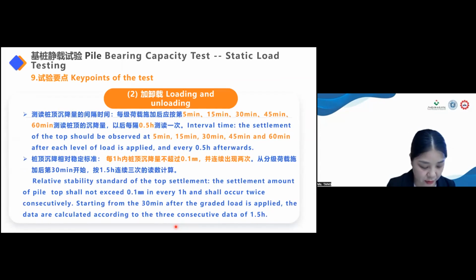After each grade of load is applied, the settlement of the pile top should be measured at 5 minutes, 15 minutes, 30 minutes, 45 minutes, and 60 minutes, and then measured every half an hour.